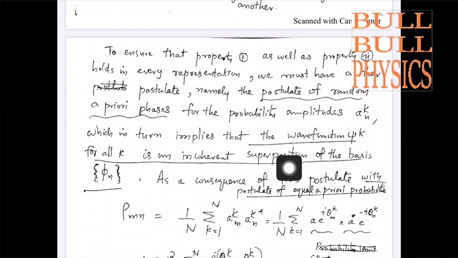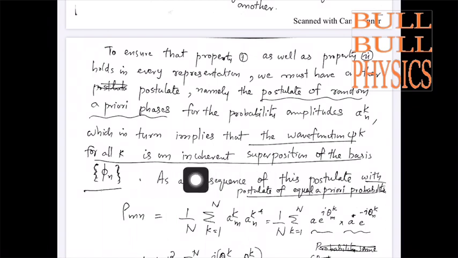This wave function psi k for all k, where k stands for the different systems in the ensemble, is an incoherent superposition.